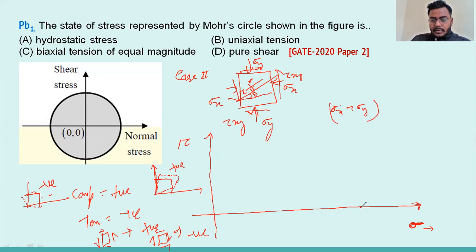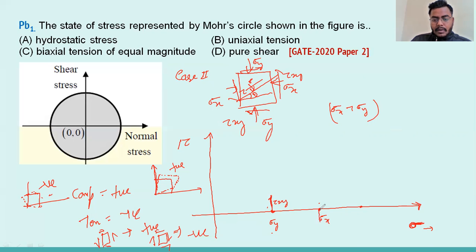Okay, so suppose here I'm locating sigma x, and here I'm locating sigma y. So what we have to do is draw a perpendicular line and cut equal to tau xy. Here also draw, but it should be in the opposite direction. You can draw here in one direction and here in the downward direction. So I am drawing at the point of sigma x in a vertical upward direction.